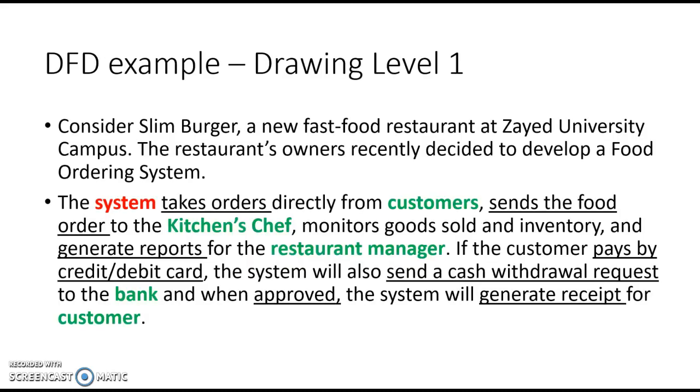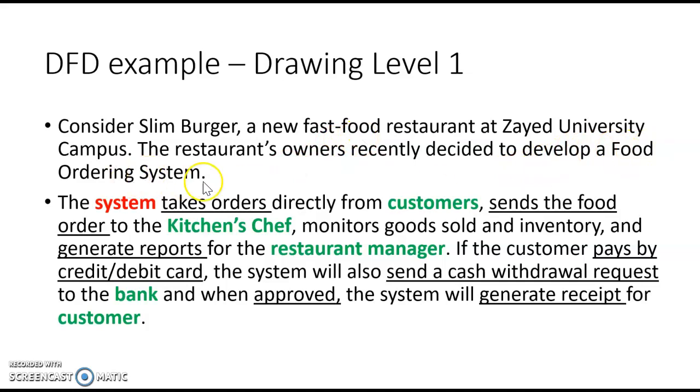Okay? Well, just a quick refresher of what this was about. It was about drawing a data flow diagram for a food ordering system and developing it to the simplest form, where every task will have only one thing to do, one function to do.